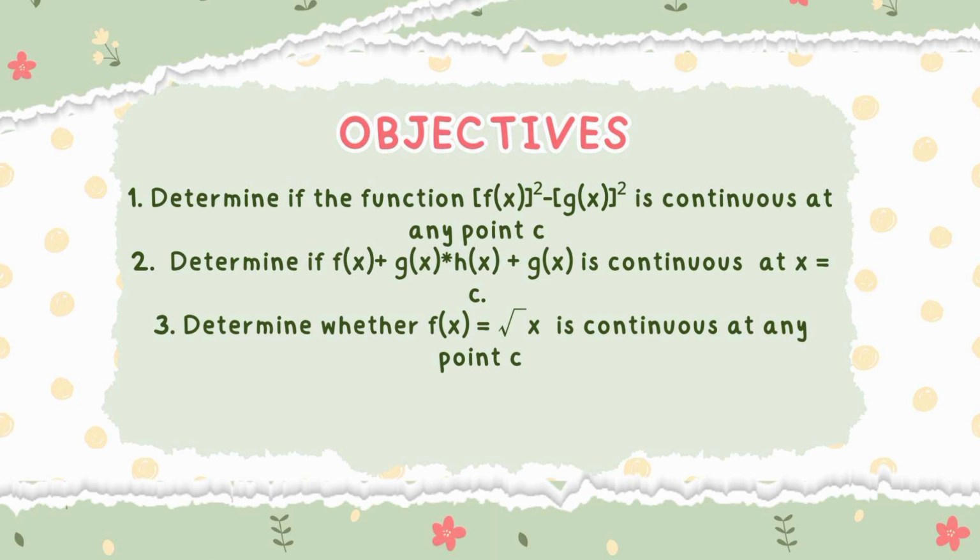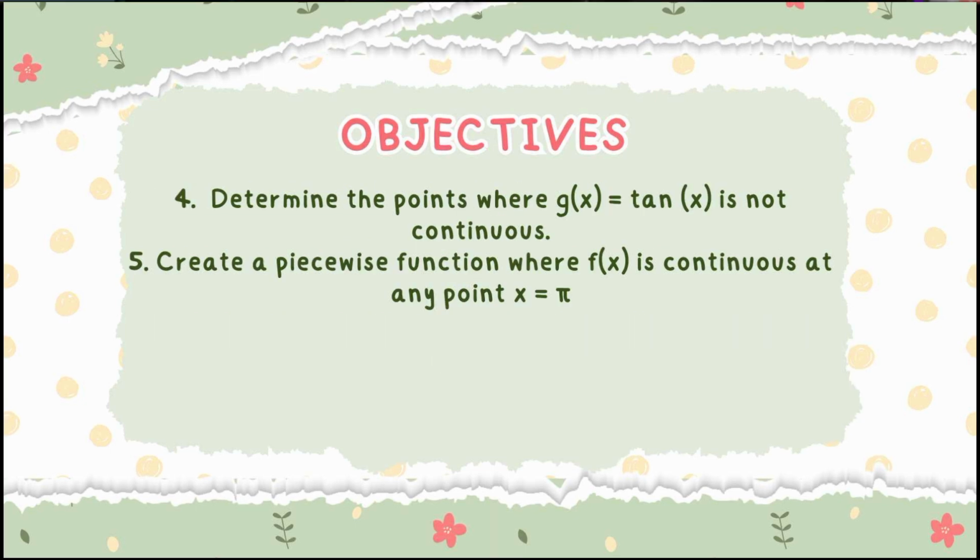And the third objective, determine whether f of x equals the square root of x is continuous at any point c. And the fourth objective, determine the points where g of x equals tan of x is not continuous. And lastly, create a piecewise function where f of x is continuous at any point x is equal to phi.